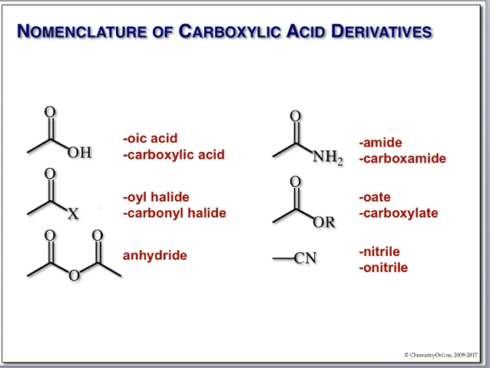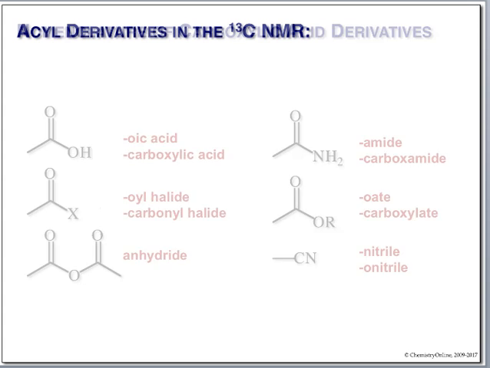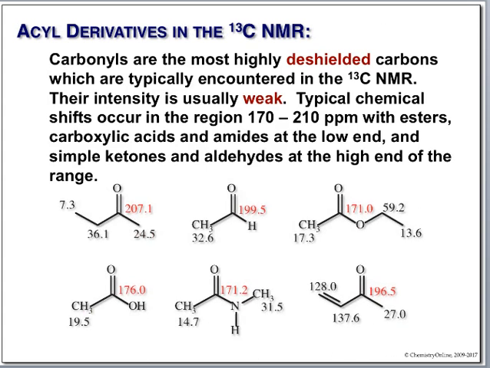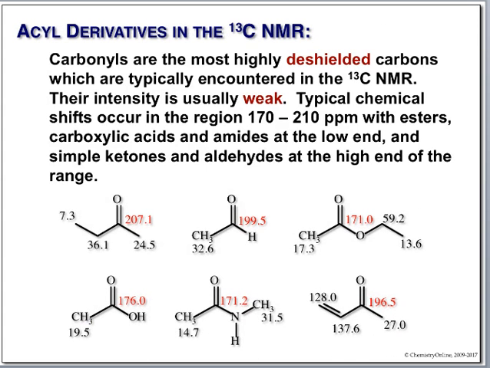Well, acyl compounds, we've talked about them in terms of spectroscopy. For the C13 NMR, when we look at carbonyls, the 2 carbonyl carbons that stand out are simply ketones and aldehydes.